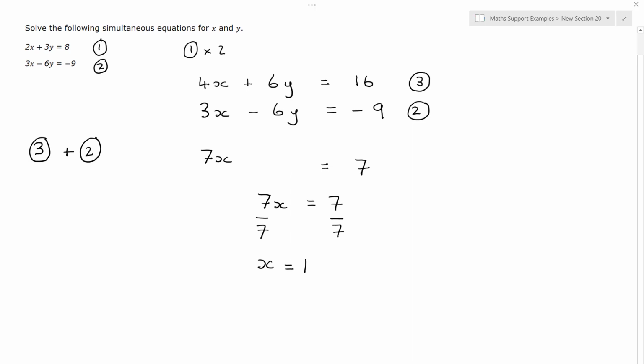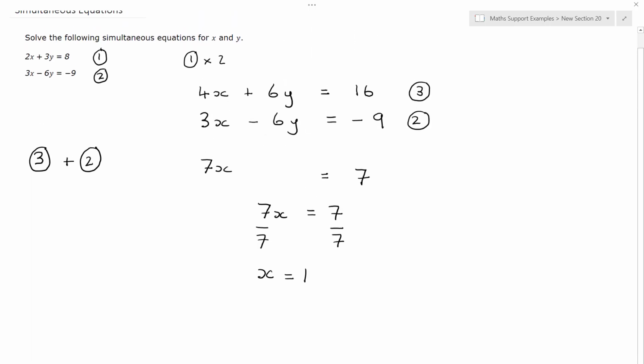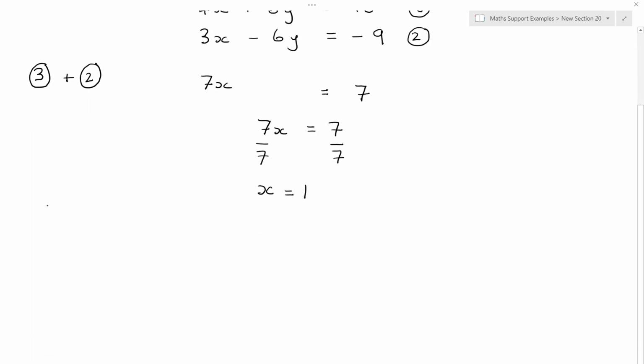To now find y, I need to substitute x is 1 back into either equation 1 or equation 2. It doesn't matter which one you substitute into. Let's substitute into equation number 1. So equation number 1 says I have 2x plus 3y is equal to 8.